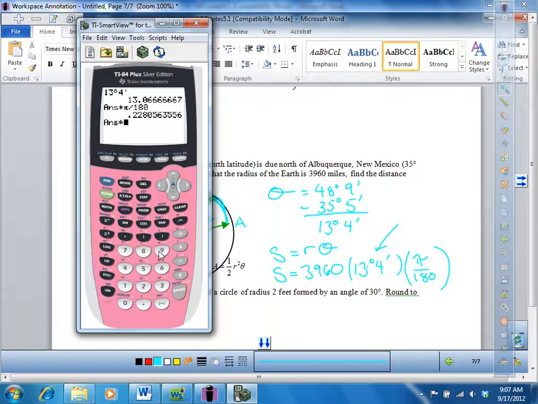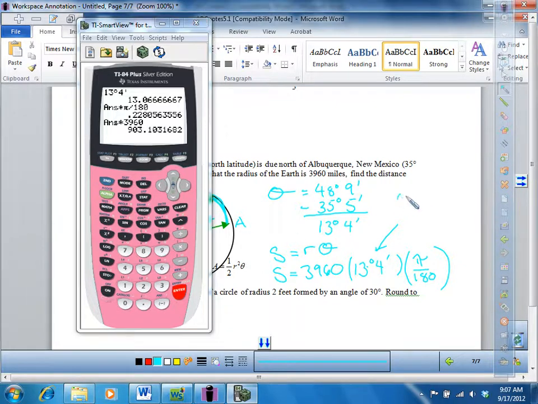Times 3960, and I hit enter. And so that tells me that those two cities are about 903.1 miles apart. Okay? Which is about right, I guess. I don't know. I've driven to Albuquerque. All right.